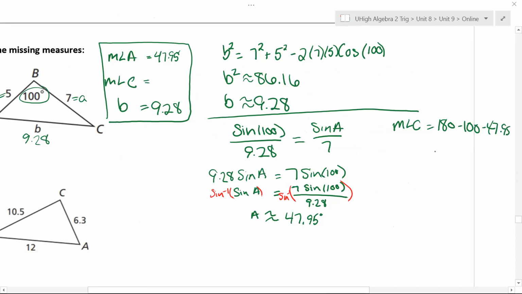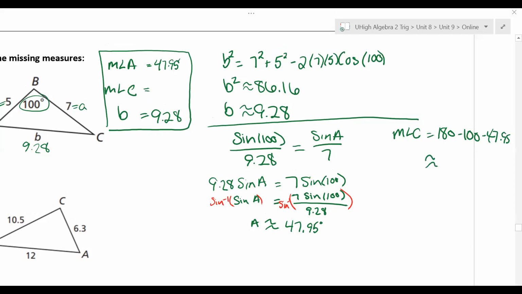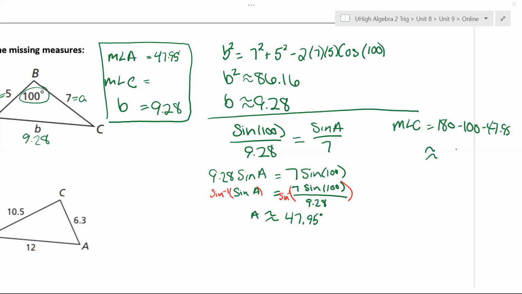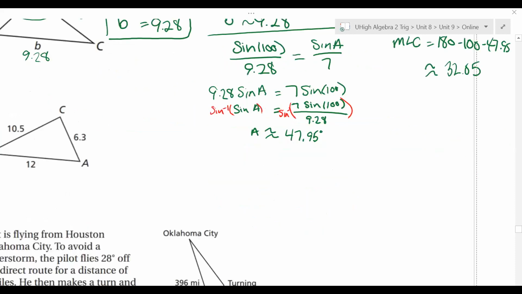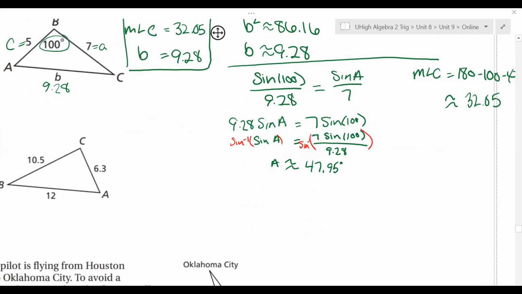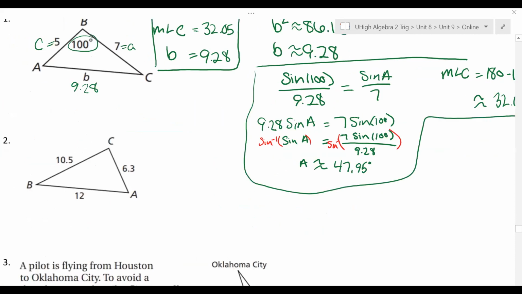I get that C is approximately 32.05 degrees. So that's how we're going to use our law of cosines and law of sines. We don't have to always just use the law of cosines or just use the law of sines. We can kind of look at a mixture of the two.